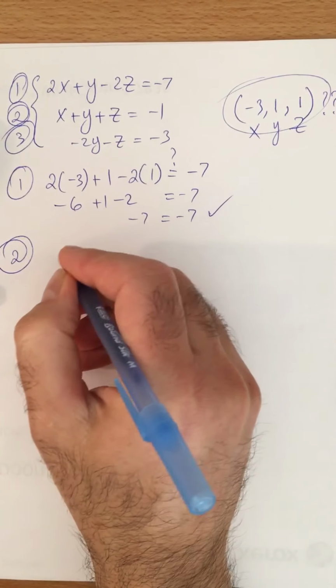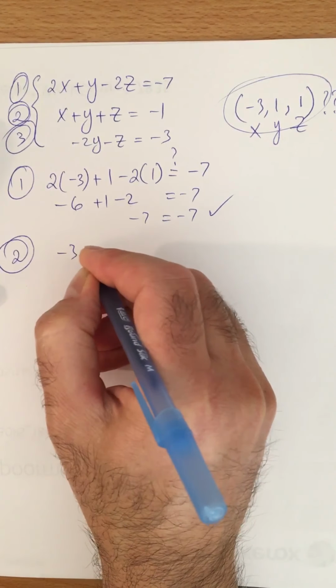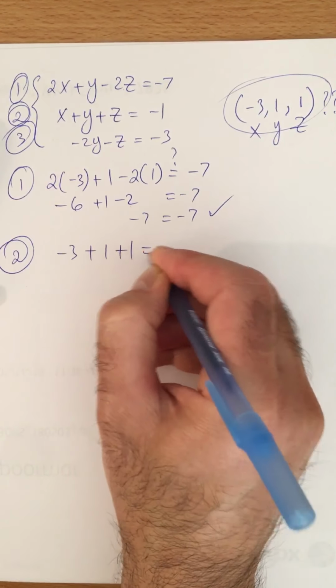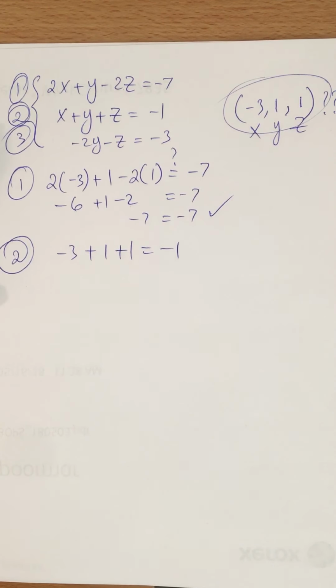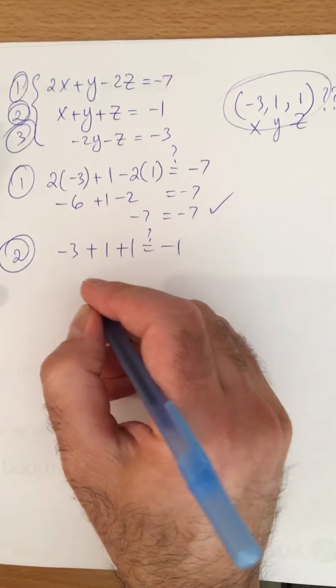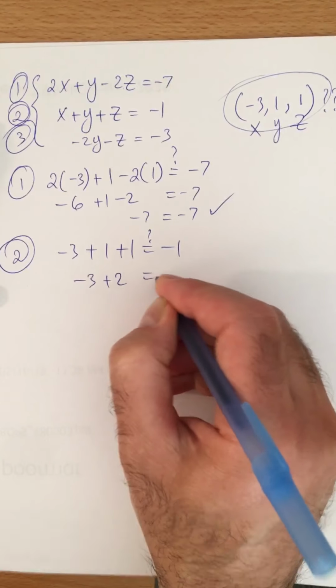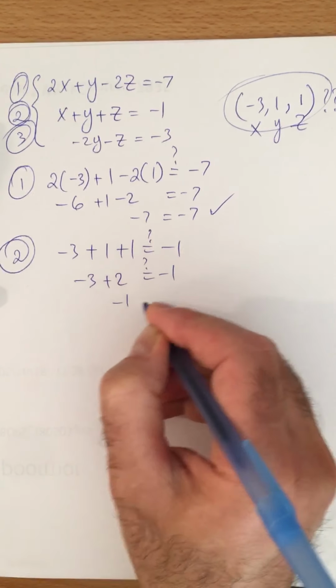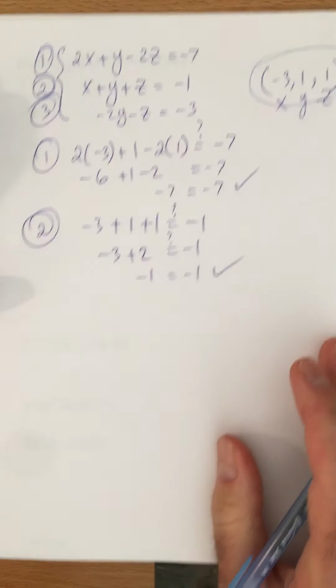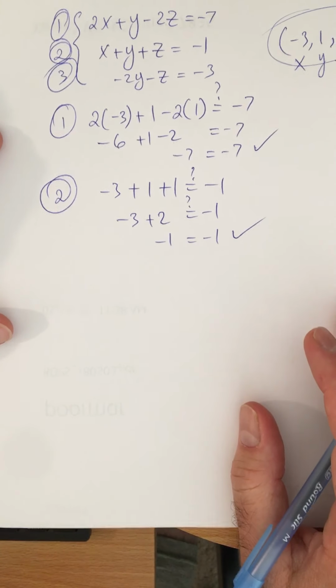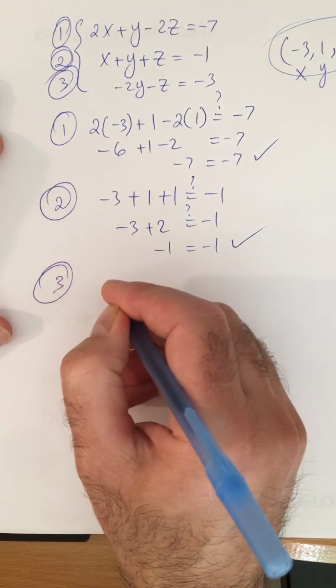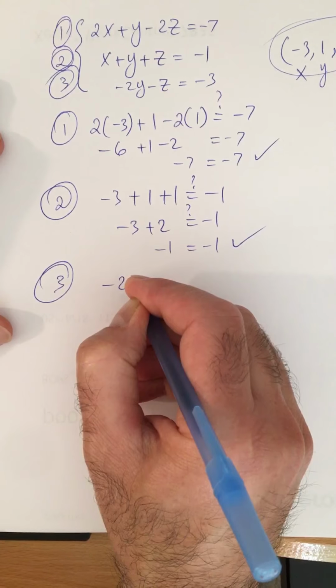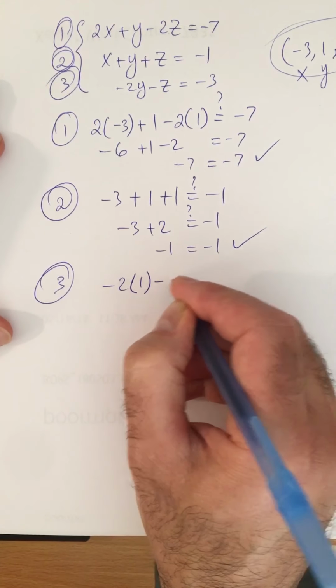Equation 2, you have x, which is -3, plus 1 equals -1. Does that give me -1? I don't know. -3 plus 2, does that equal -1? Yes, it is. So that also checks. Now, finally, we have to check the last one, equation 3: -2y, where y is 1, minus z, which is 1.